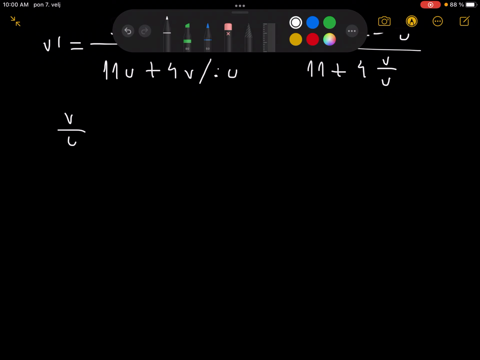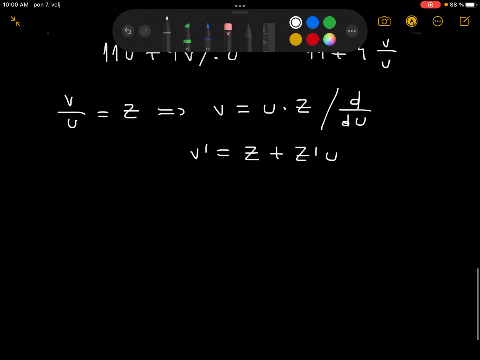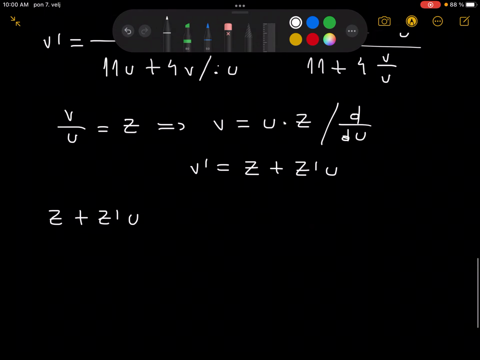Let's say that v over u is equal to some function of u, let's call it z, and from here it follows that v is equal to u times z, and when we differentiate both sides with respect to u, we'll get that v prime is equal to, we're going to use the product rule, u prime z, which is just z, plus z prime times u.